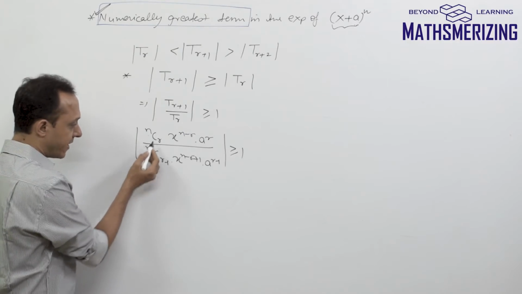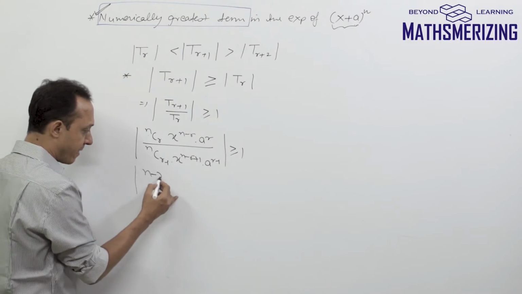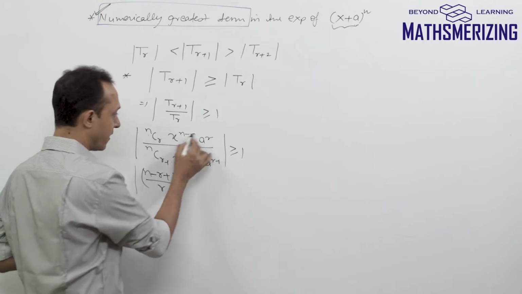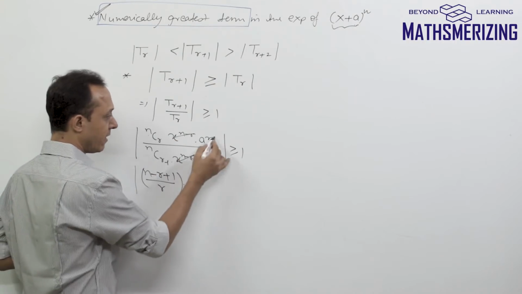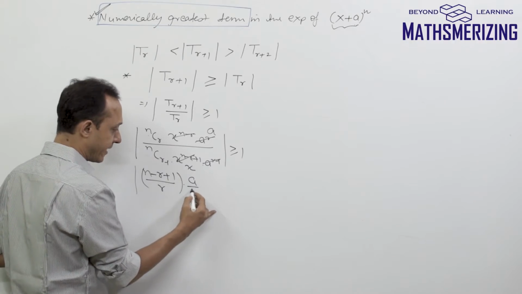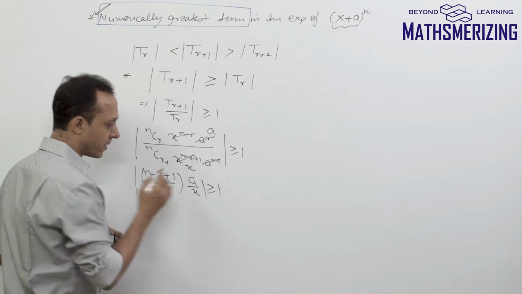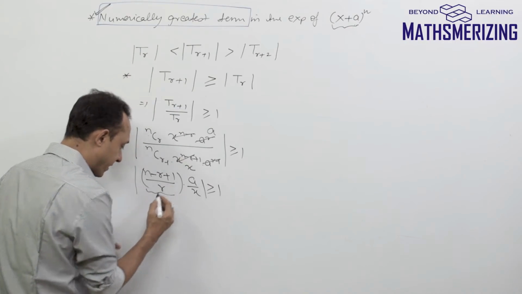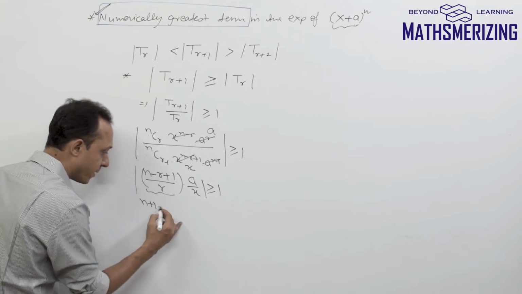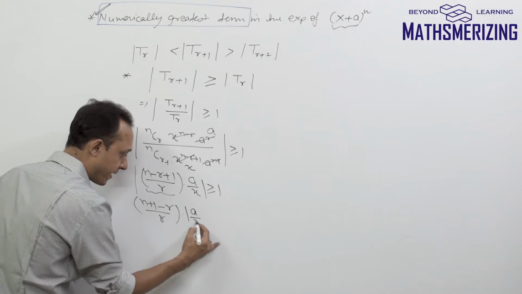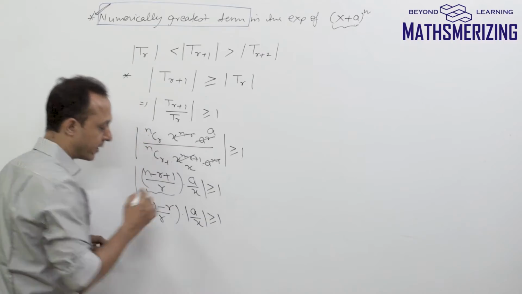Now n is the same, r differs by 1, so I can write it as (n minus r plus 1) upon r, and here the value of x will cancel, the value of a should also cancel, so here I'll get a and here I'll get x, so I can write a upon x, and it should be greater than or equal to 1. So now I know this expression is positive, so I can write it as (n plus 1 minus r) upon r, and this is mod of a upon x, should be greater than or equal to 1.